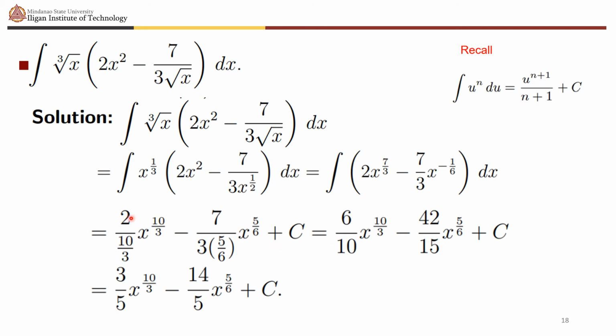Then rewriting this one, 2 over 10 over 3 gives you 6 over 10, x to the 10 over 3 minus, rewriting this one, you have 42 over 15, x to the 5 over 6 plus c. That is, this one can be simplified. Your 6 over 10 can be rewritten as 3 over 5, x to the 10 over 3 minus, again, this one can be simplified as 14 over 5, x to the 5 over 6 plus c.